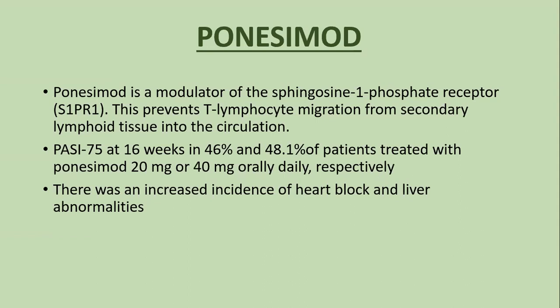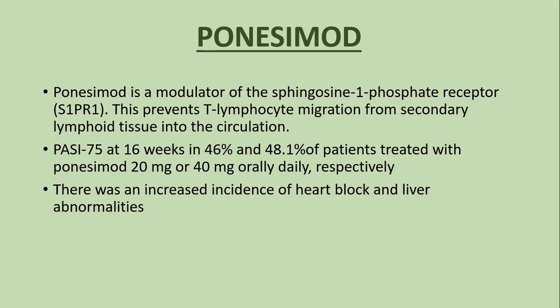The next drug to be discussed is known as ponesimod. Ponesimod is a modulator of the sphingosine 1-phosphate receptor and prevents T lymphocyte migration from secondary lymphoid tissue into circulation.